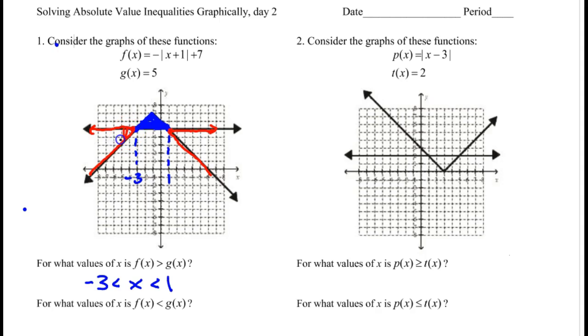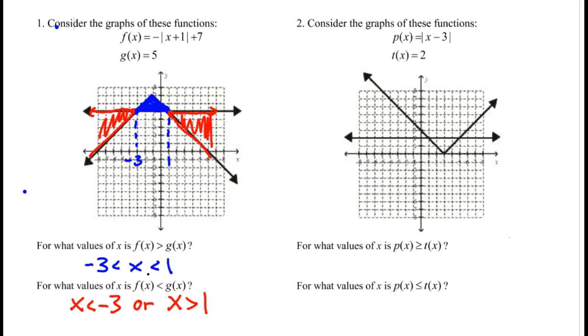This is where it's actually going to be all below. So that starts at -3 right here, and it goes to the left. So we can say everything starting at -3 to the left, or everything starting at 1 and goes to the right. So that's how we get the two types of answers for greater than and less than.